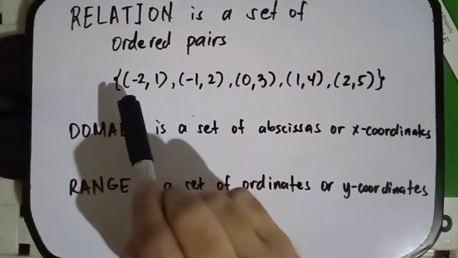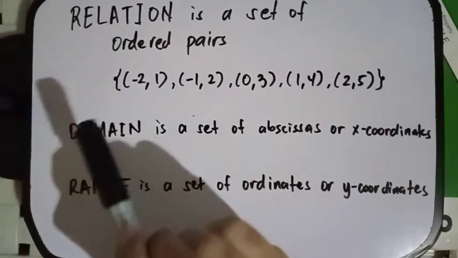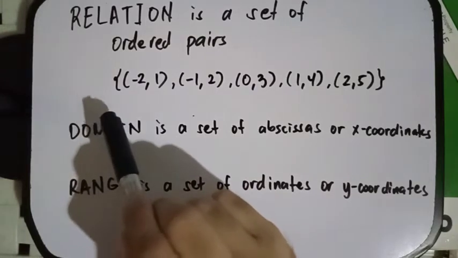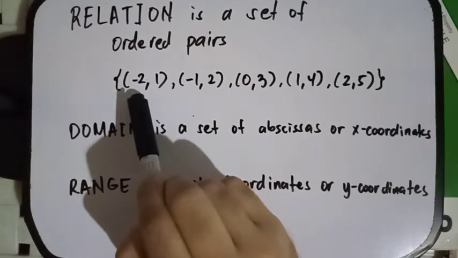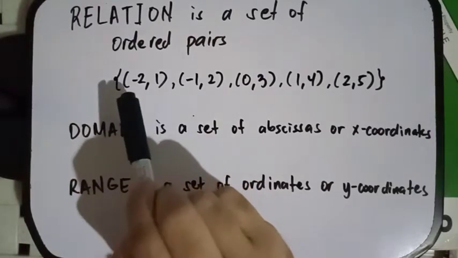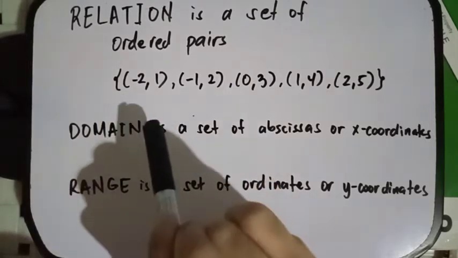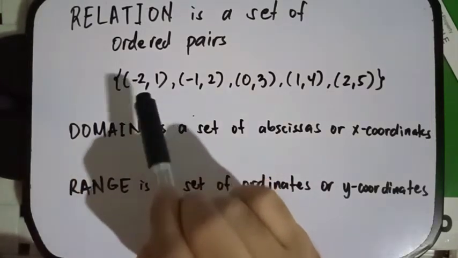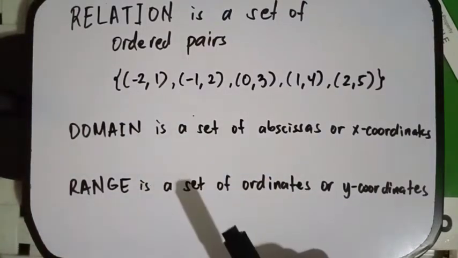So dito sa isang ordered pair, merong abscissa at saka ordinate. Yung abscissa is the first number ng ordered pair. And that is dito, negative 2. So, ibig sabihin, ang abscissa is negative 2 or yung tinatawag na x-coordinate. Tapos, yung pangalawang number, which is 1, ayan naman ang tinatawag na ordinate or y-coordinate.